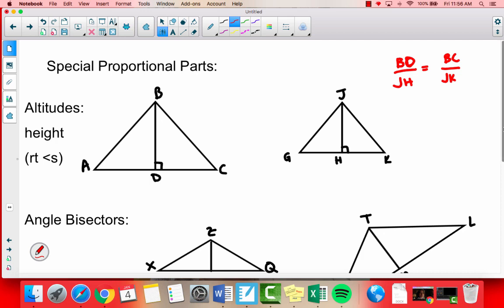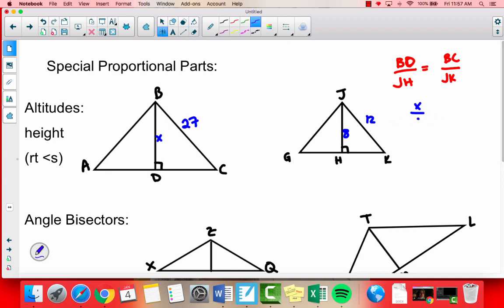Then you could just set up an equation and solve. That might look something like this. Maybe I tell you that the altitude here, we don't know the height, and then this side here we've put 27. And then on the other side, we could put the altitude as 8, and the side here is 12. I just fill into my proportion, and I solve. So x over 8 equals 27 over 12. There's more than one way to write this.